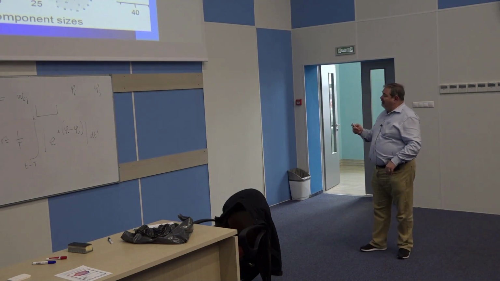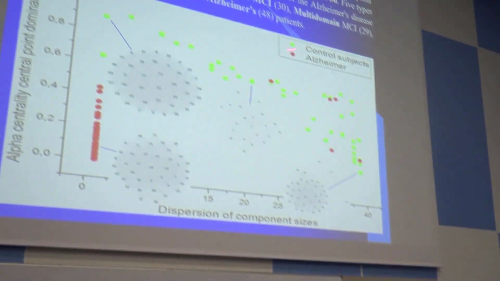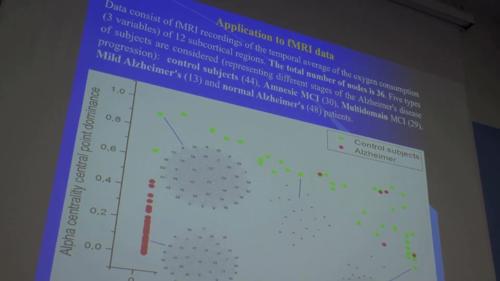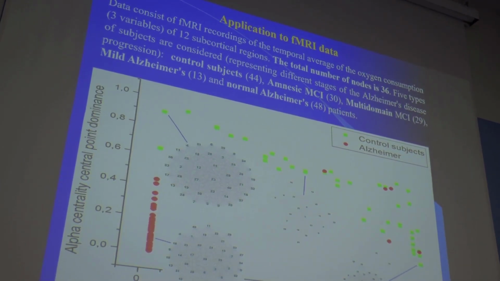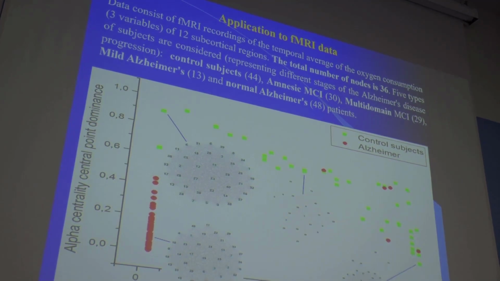We have a large project in Madrid on application to functional magnetic resonance data of patients of Alzheimer's. And here we use the full multi-layer description because we have several classes.